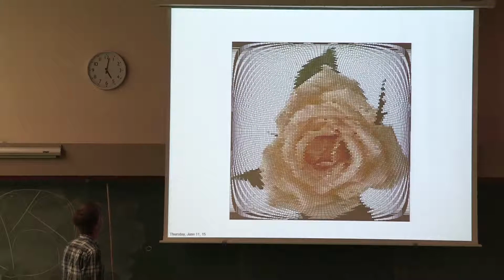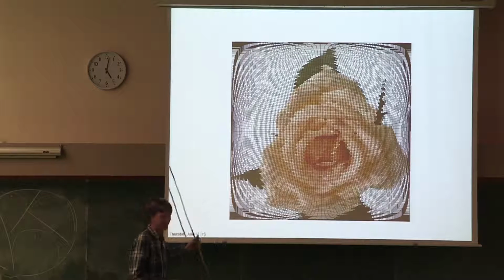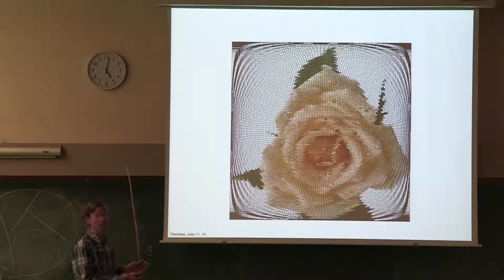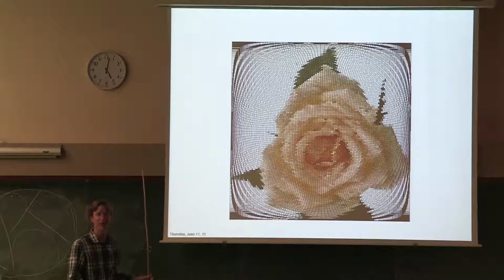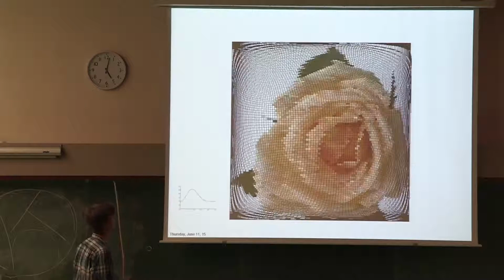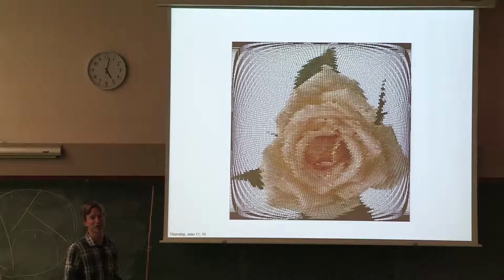So here's another copy of the same picture. I think I took a slightly larger one here, maybe 60 by 60. But now I have all this freedom to change the areas. There's a solution for any set of areas. And this is something you cannot do with conformal maps.